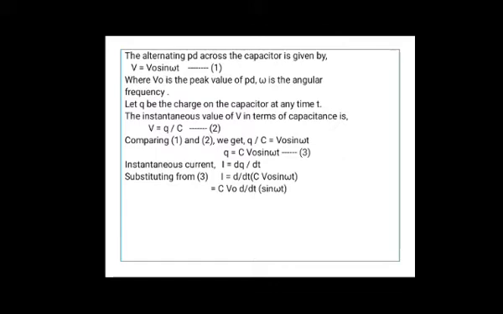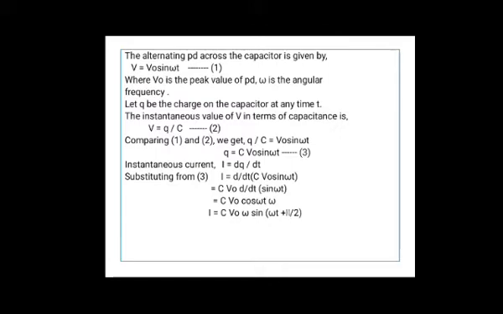C V naught is constant, so write it first, C V naught. Then differentiation of sin omega t is cos omega t into omega. So you will get I is equal to C V naught omega into cos omega t.